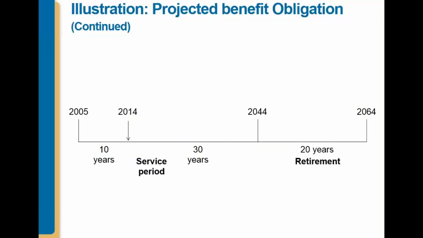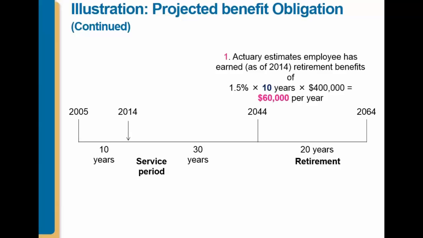Okay, I want to take a look at this slide and give you an idea of what we're looking at, which is the projected benefit obligation. So you notice here, in this case, the problem shows that it's 1.5% times 10 years. And the 10 years of service, essentially what this person did is they started in 2005. It's now 2014. So they have 10 years of service.